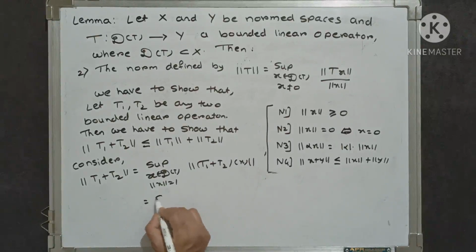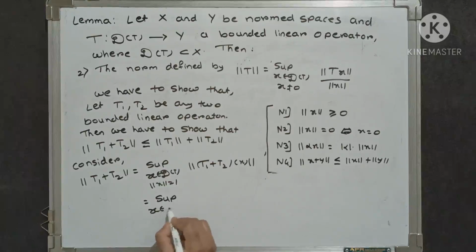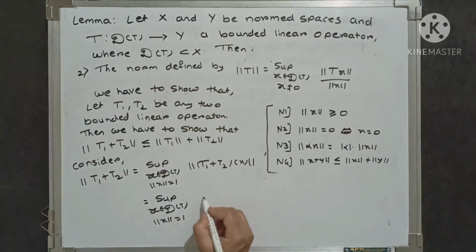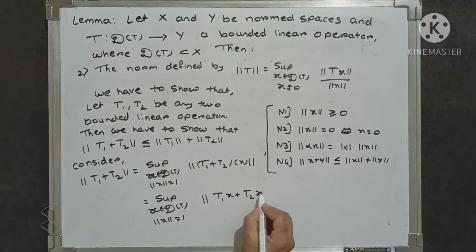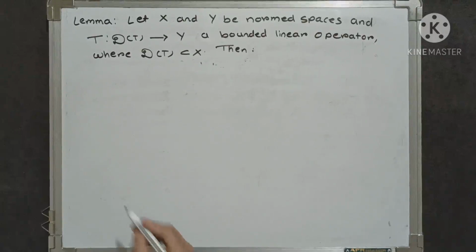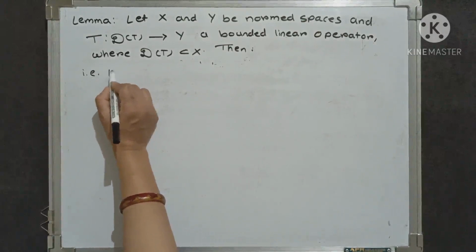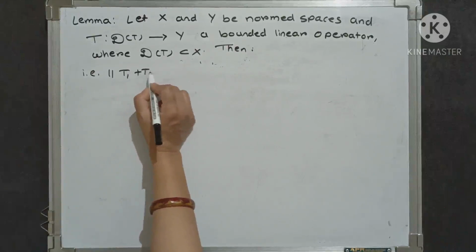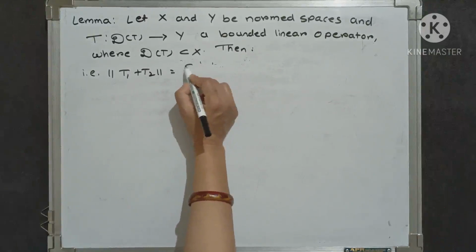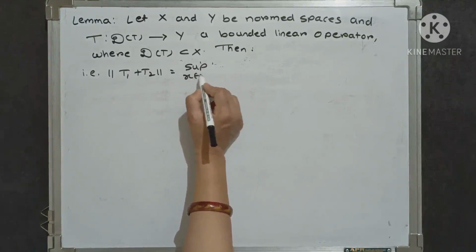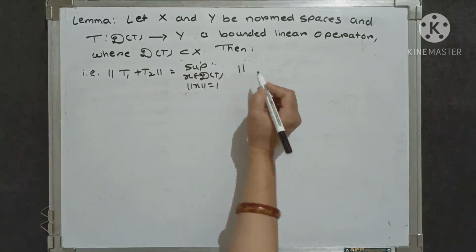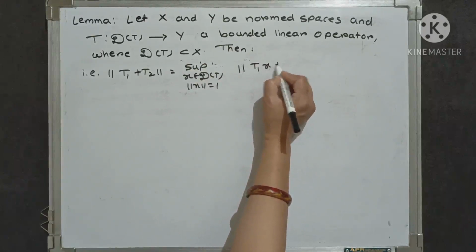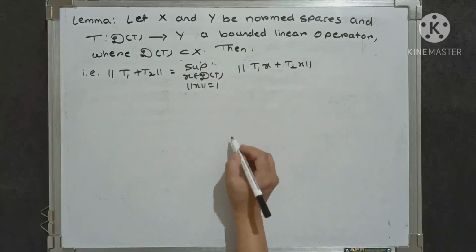It equals supremum over x belongs to D(T), norm of x equals 1, norm of T1x plus T2x.